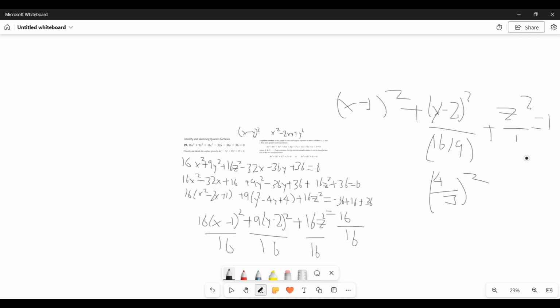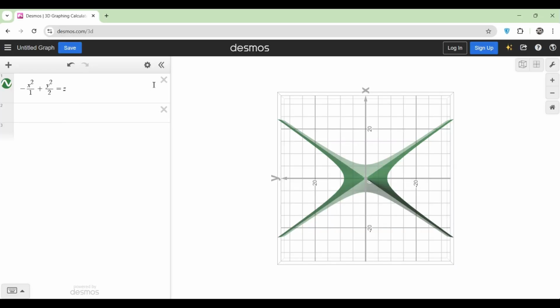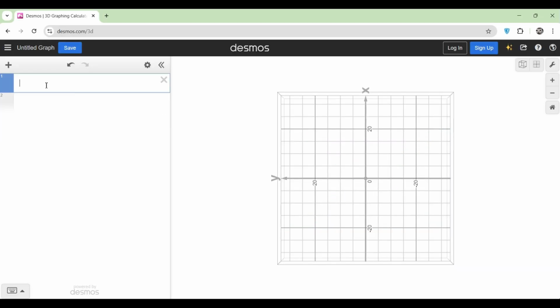For both x and z, it's going to be 1, because 1 squared is equal to 1. So let's graph it on our trusty Desmos. So I'm just gonna input the entire equation here, since we already solved it and transformed it into a standard form.